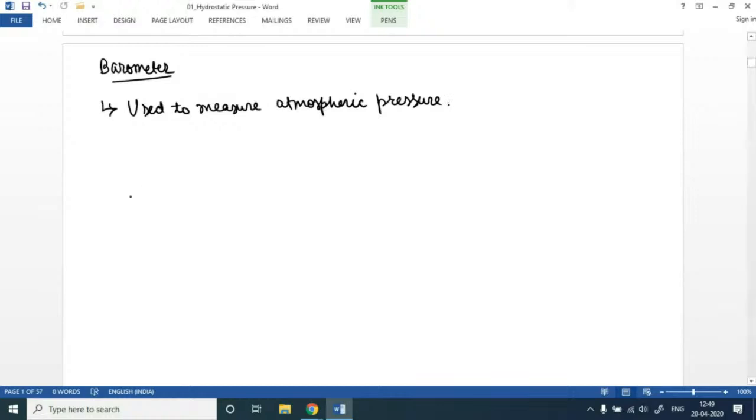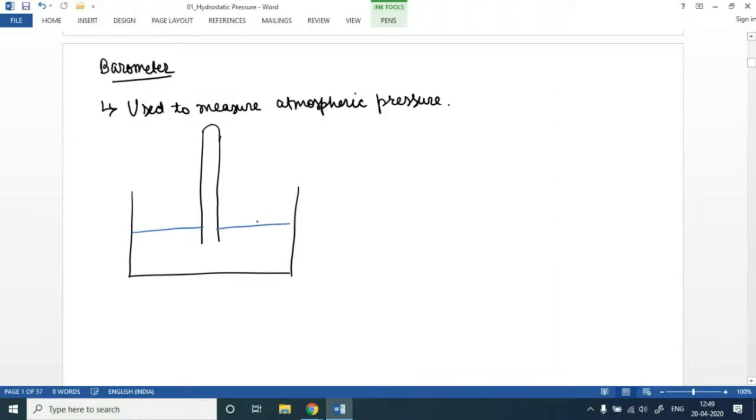The way to measure it is simply, the setup of the barometer is, let's say we have a container and we have a narrow tube. In this container we fill mercury, and this mercury rises in this narrow tube.